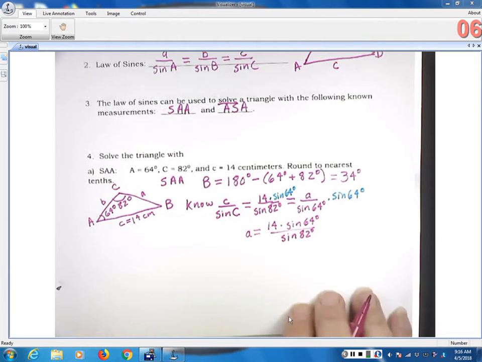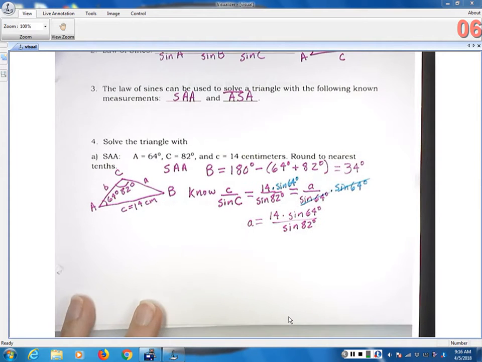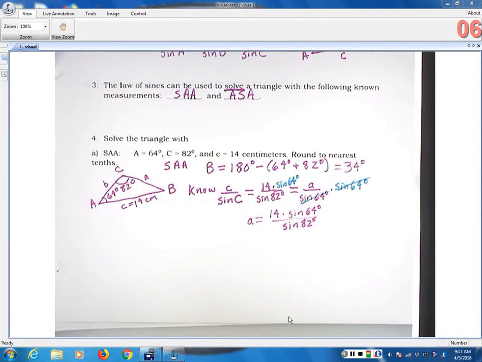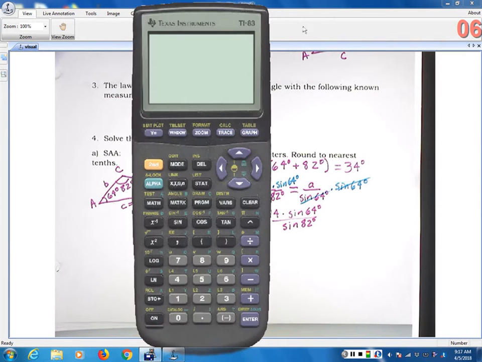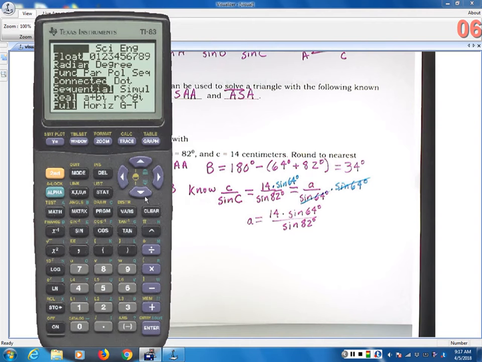So, of course, this cancels. Okay, so we're going to put that in the calculator. And what mode does the calculator have to be in? Degrees mode. It's in radians, so we've got to change that. The other day I turned it on, it was in polar mode or something.